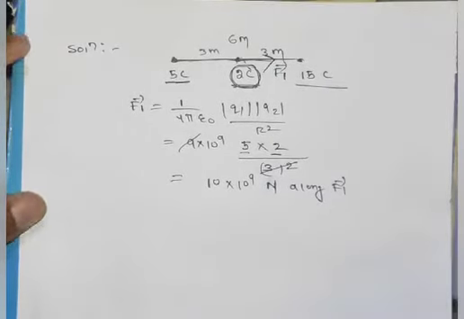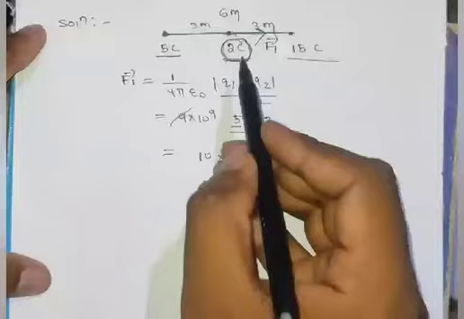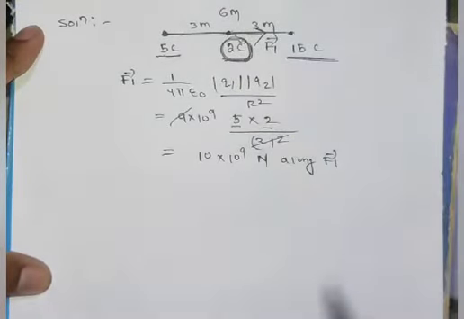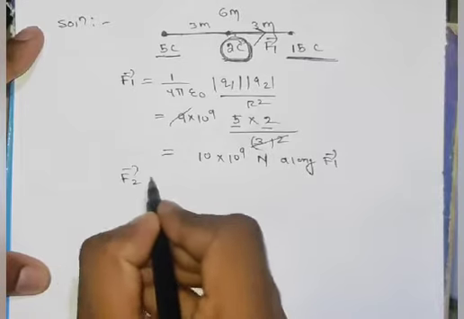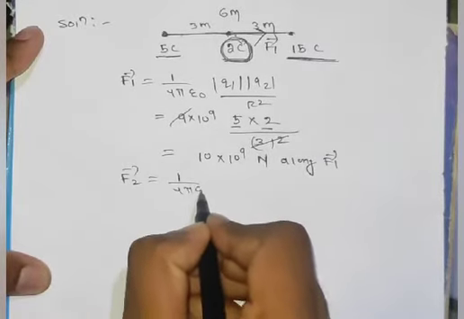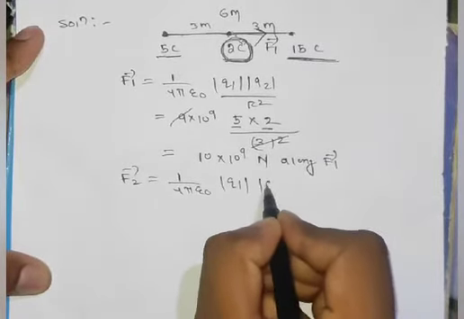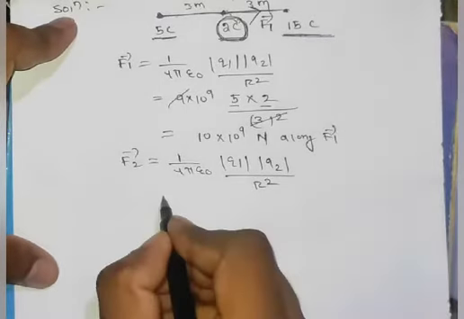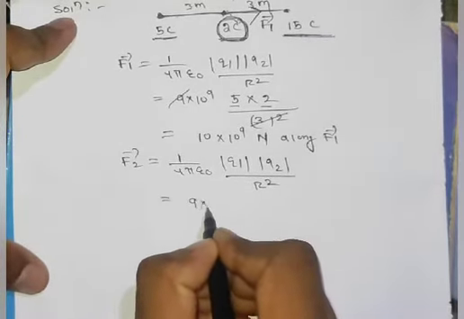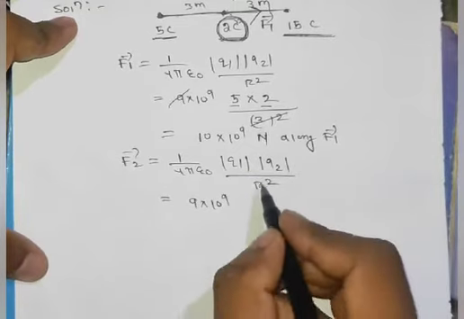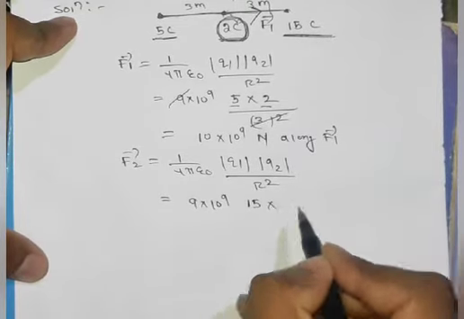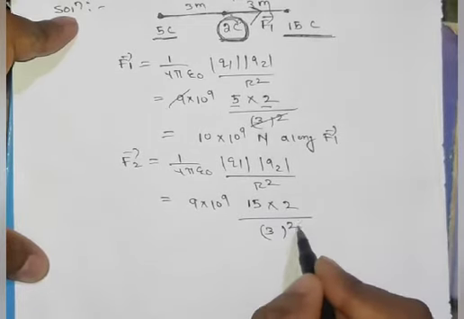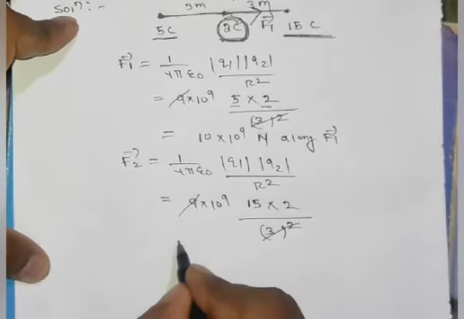Now I shall calculate the force on this charge 2 coulomb due to the 15 coulomb. That is my F2, and the formula is 1 by 4 pi epsilon 0 times modulus Q1 into modulus Q2 by R square. Again 1 by 4 pi epsilon 0 is 9 into 10 to the power 9, Q1 is 15, Q2 is 2 and R is 3 square, and this 3 square and 9 will cancel.